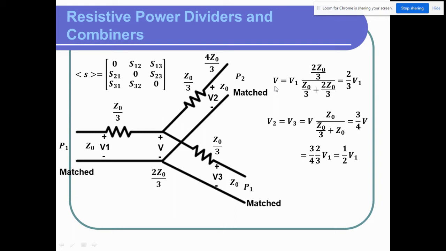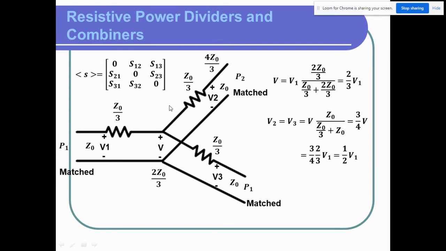We see that V is equal to the voltage across the load impedance, isn't it? And we have already calculated that up to this point the impedance is 2Z0 by 3. So the voltage across this is actually V. We have an incoming voltage V1 dissipating into this and the total ZL.